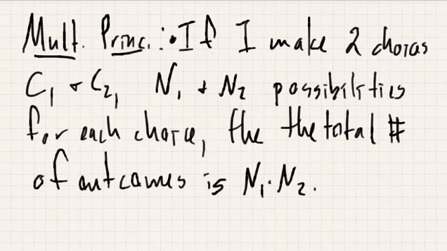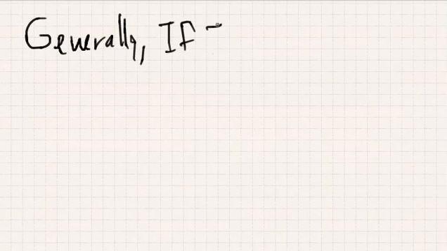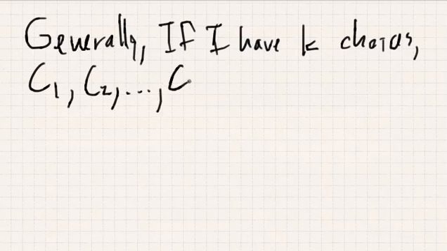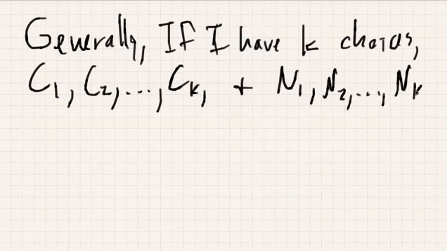Great. And this generalizes. Generally, if I have k choices, where k is some number, and my choices are C1, C2, all the way through to CK, and I have N1, N2, NK choices for each of them.